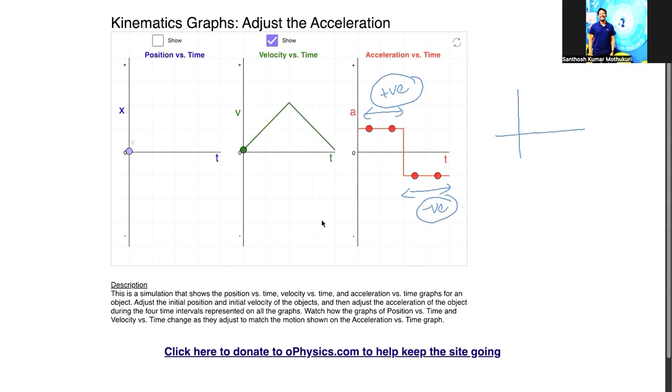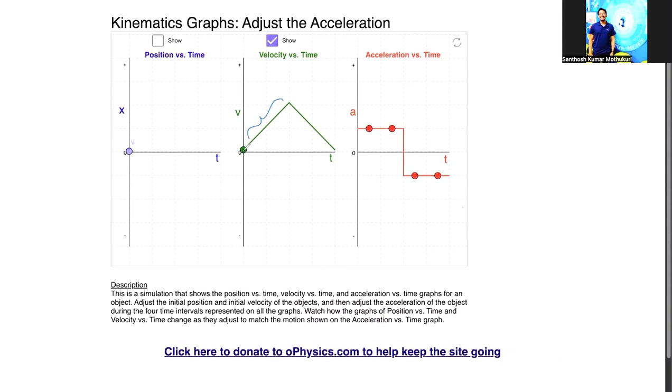Look at this. This particular part from here to here is showing us the positive gradient. From here to here is showing us the negative gradient. The position time graph for this particular graph. So here again, you can see that the velocity is constant.